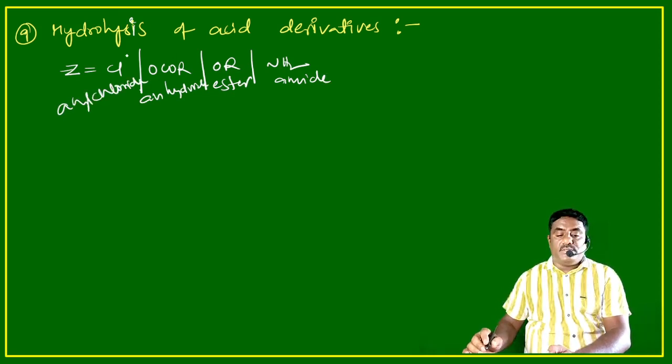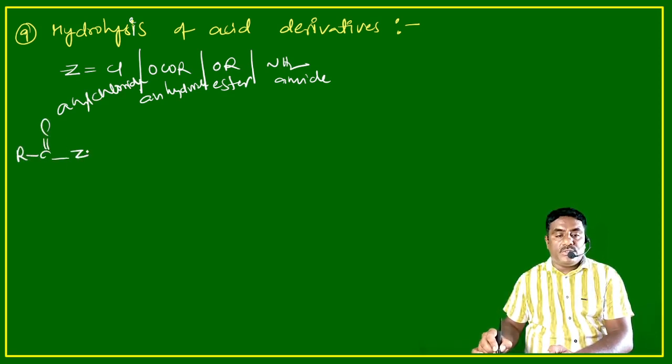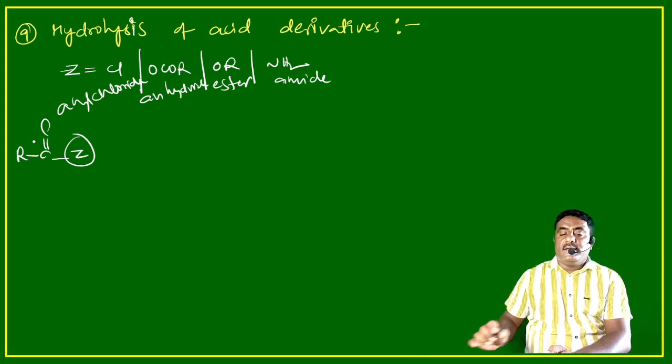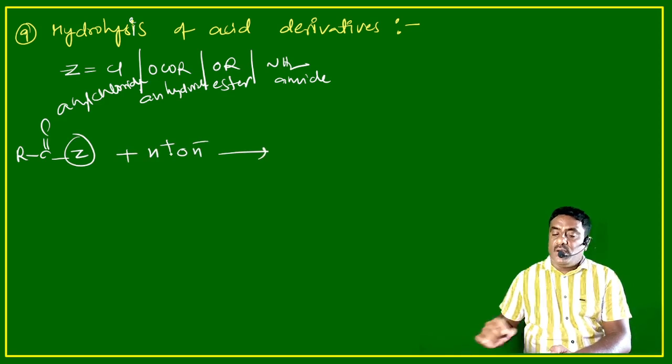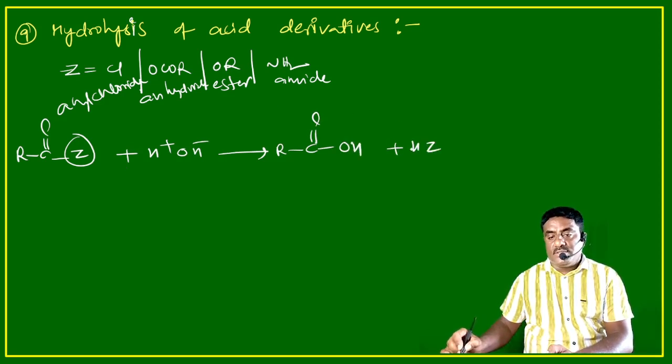Let's take an example. I'm taking RC double bond O Z. Z is the acid derivative. In presence of H plus or OH minus, meaning hydrolysis, Z is simply replaced by OH, giving RCOOH and HZ.